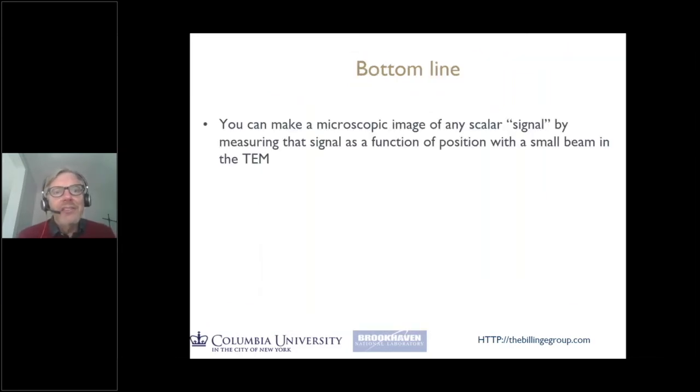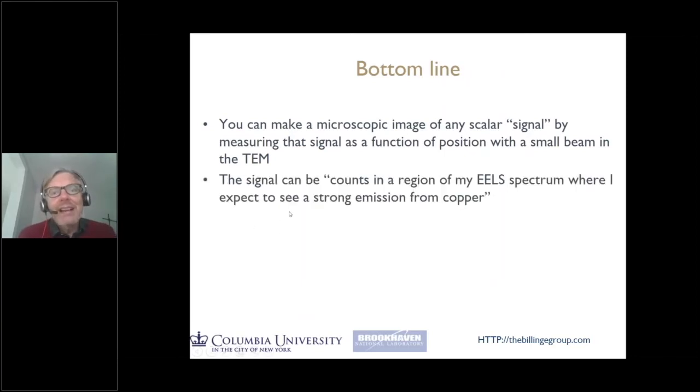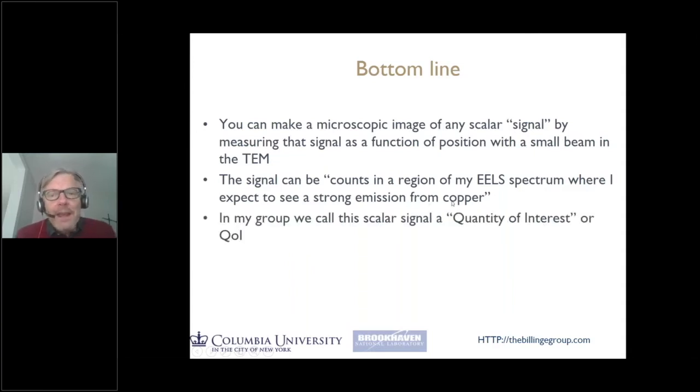So bottom line is you can do microscopy by looking at a function of position, but you can use any kind of signal. And in this case, it was counts in a region of my EELS spectrum where I expect to see a strong emission from copper, let's say. And this throws open the door to coming up with all kinds of different microscopies, where any quantity that's measurable from your sample, in principle, you can find as a scalar signal.